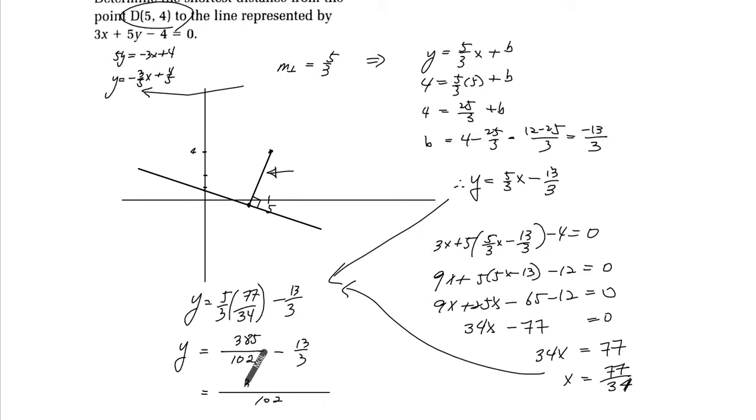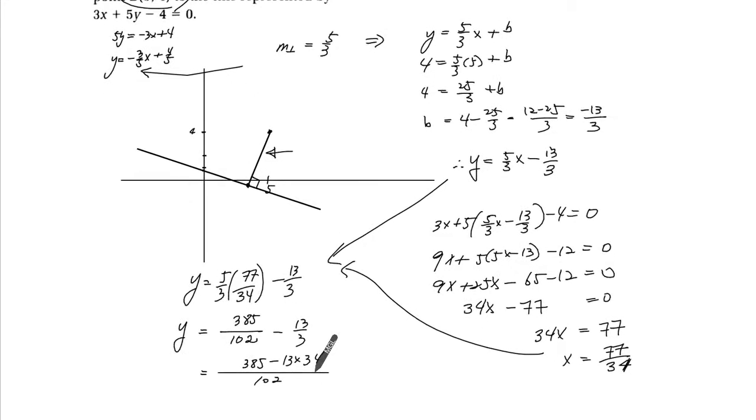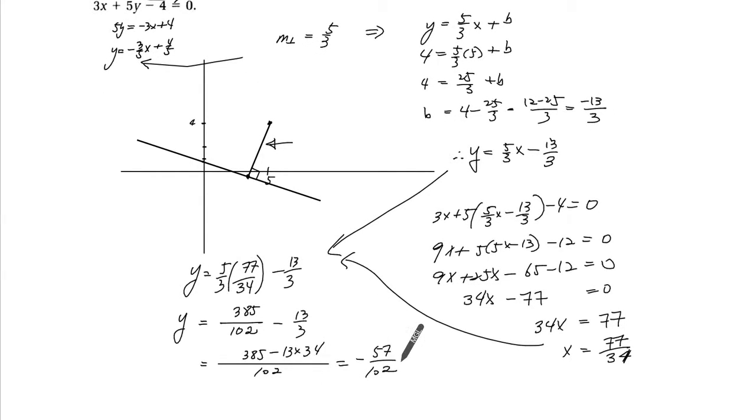So 385 minus 13 times 34. So that actually I think is divisible by 3, top and bottom. So 19 over 34. Okay. So that's the intersection point here: 77 over 34 and minus 19 over 34.